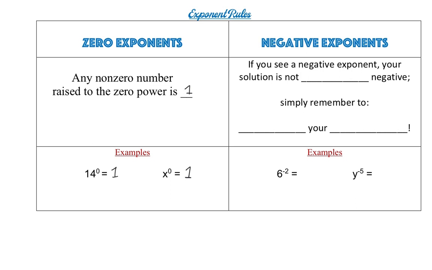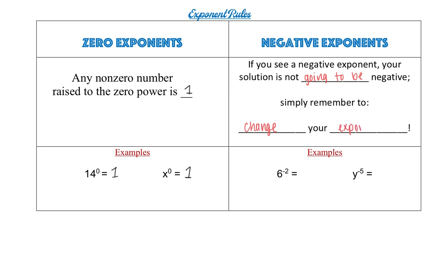With negative exponents, if you see a negative exponent, your solution is not going to be negative. Let me write that in red because I really want that to stick out. Your solution is not going to be negative. Simply remember to change your exponent.